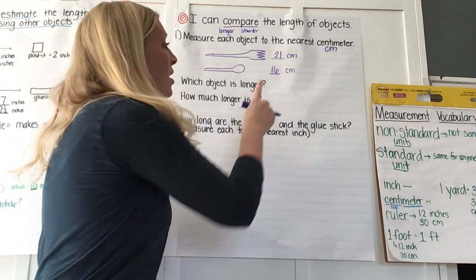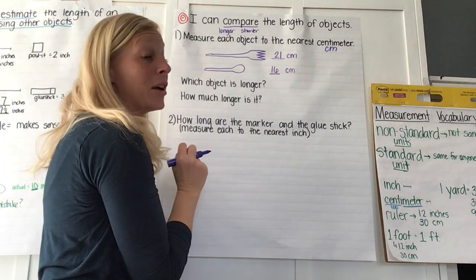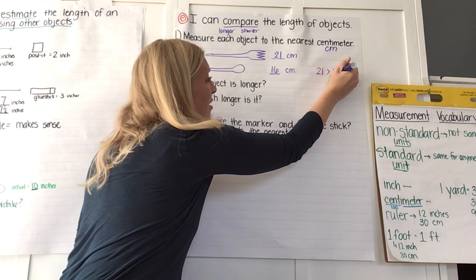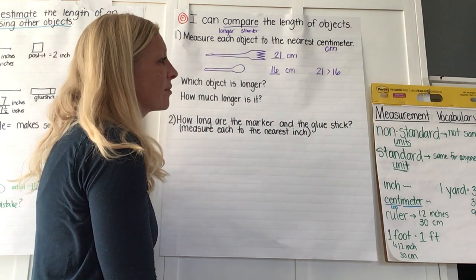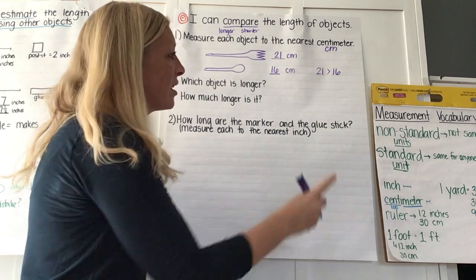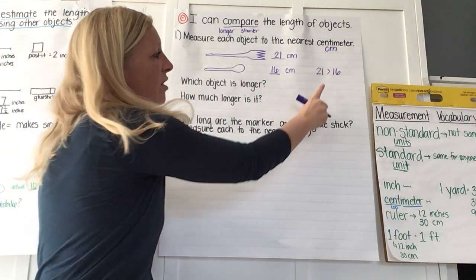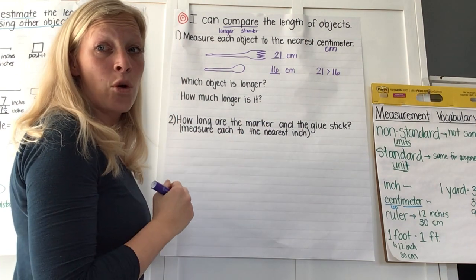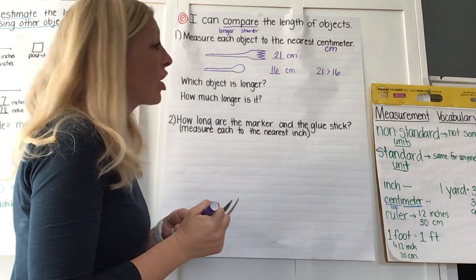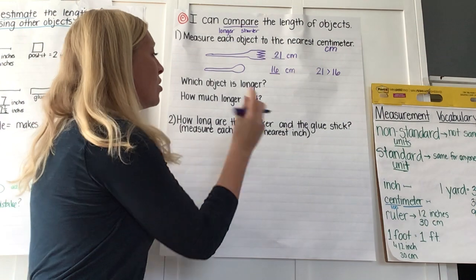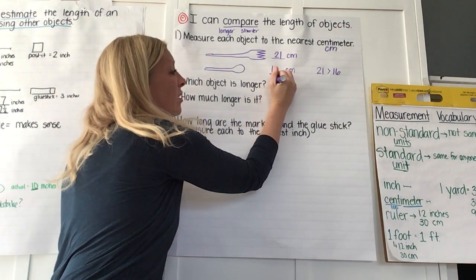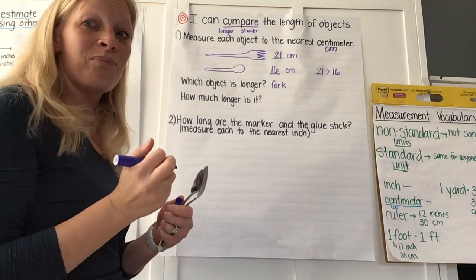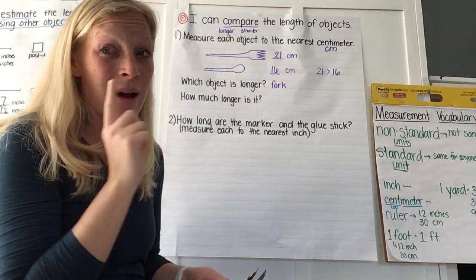Okay, so because 21 is bigger than 16, or it's greater than 16, it's a bigger number. It has 2 10s instead of just 1 10. So we know that 21 is greater than 16, so that fork is going to be longer than our spoon. So which object is longer? Our fork is.